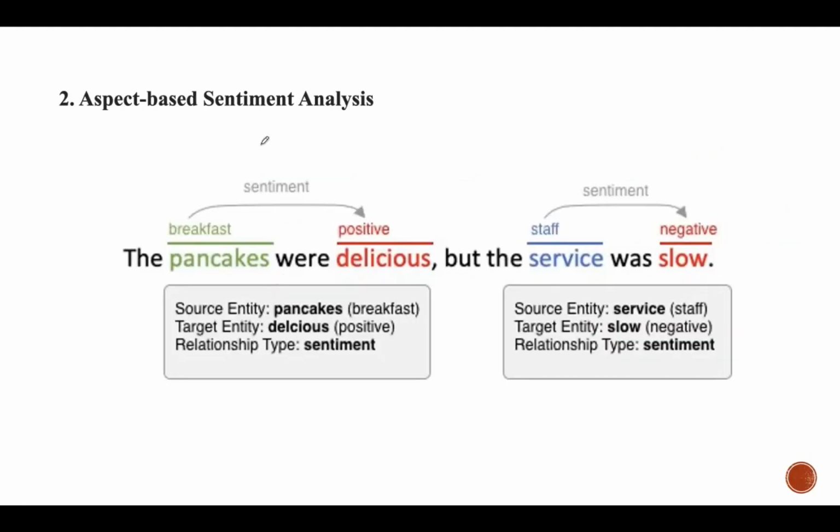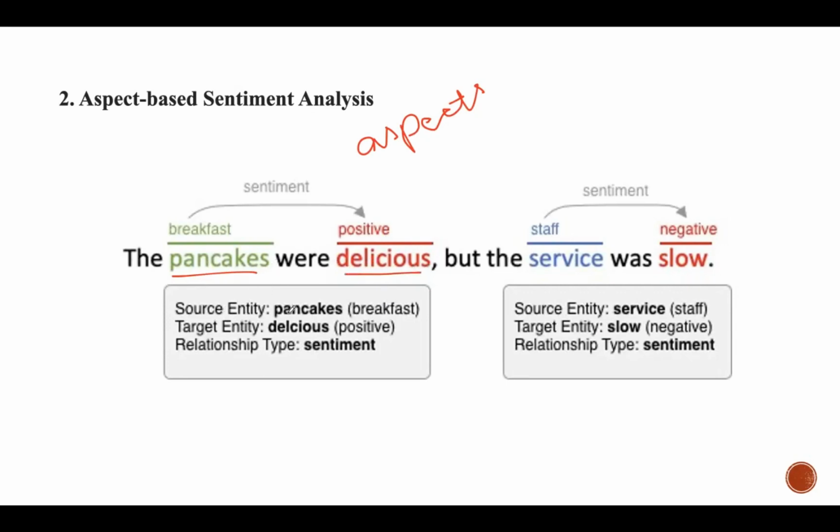Next one is aspect-based sentiment analysis. This is a text analysis technique which categorizes the text data based on its aspects, and it identifies its sentiment. So if you take the first sentence here, the aspect is pancake, right? We are saying that pancakes were delicious.